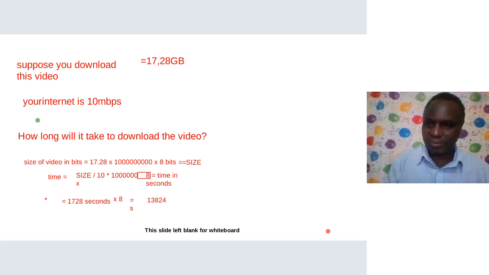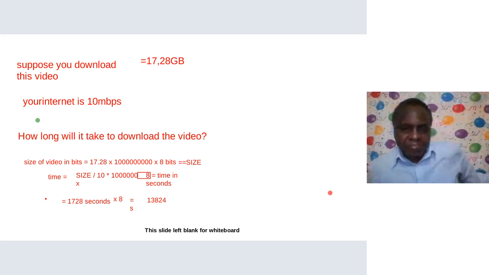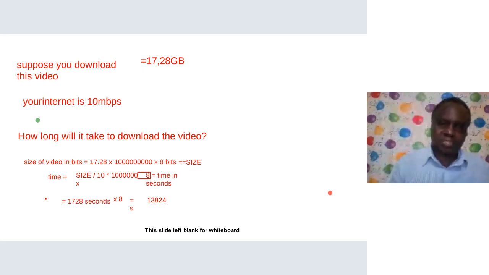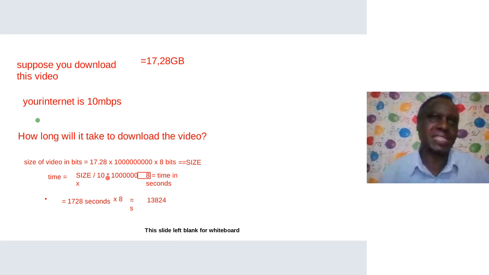But confirm, because I'm not doing it very carefully. But anyway, in terms of the steps, those are the steps. But remember, here you should not multiply by 8 because this is already expressed in bits. It's megabits. So the only thing that we needed to do is to expand it by a million to make it bits.